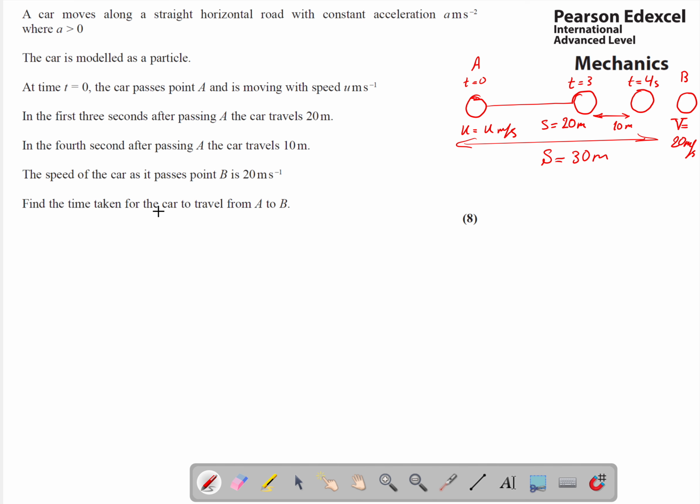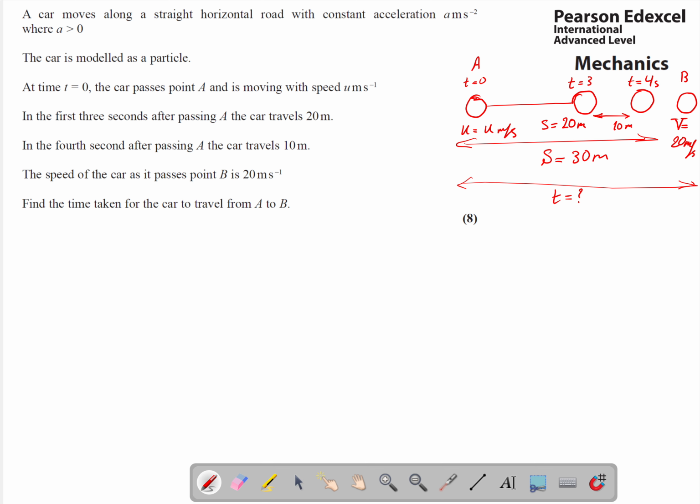Find the time taken for the car to travel from A to B. So the total time of this travel equals what?